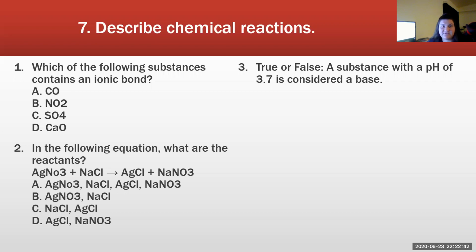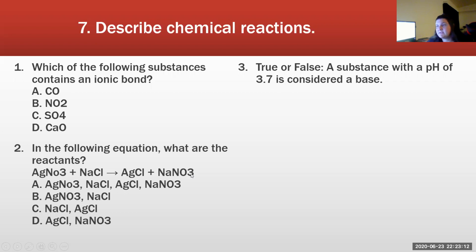Question number 2: in the following equation, what are the reactants? If we think about this little arrow right here, that's kind of like an equal sign. So we're looking for reactants and products. The side before the arrow is going to be our reactants. This is what we get out of it.